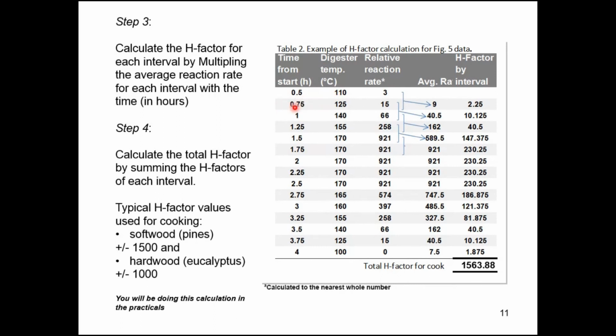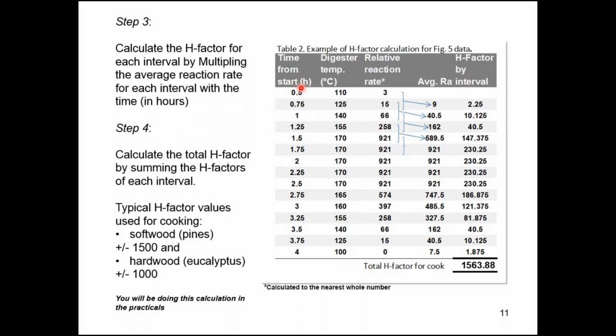And for each interval, you then calculate the average reaction rate. You times it by the actual time. Then you get an average H factor for that period, and that all you put together, you get the sum of that. So this is what I want you guys to do for your first assignment.